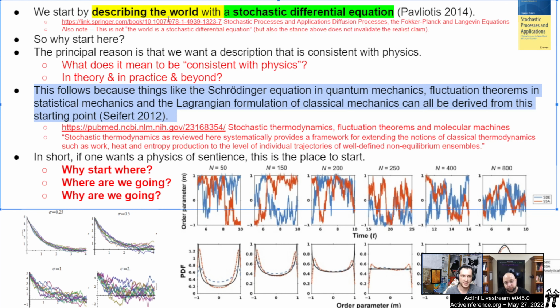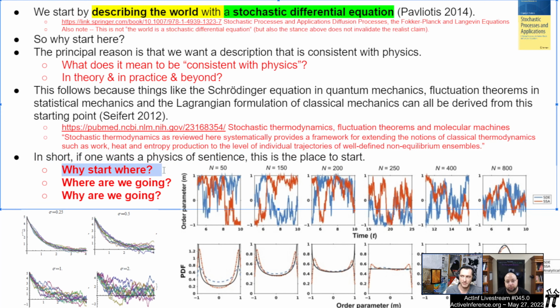So we're going back to the last common ancestor of those three different mechanics, and that is where Bayesian mechanics is also going to be initiated from. In short, if one wants a physics of sentience, this is the place to start.